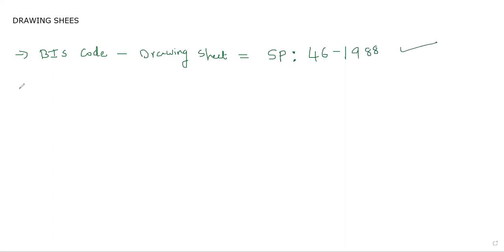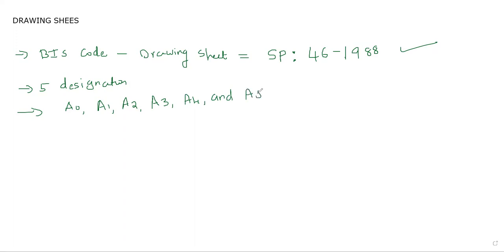There are 5 designations. What are they? The designations are as follows: A0, then let me write A1, A2, A3, A4, and the last one is A5.